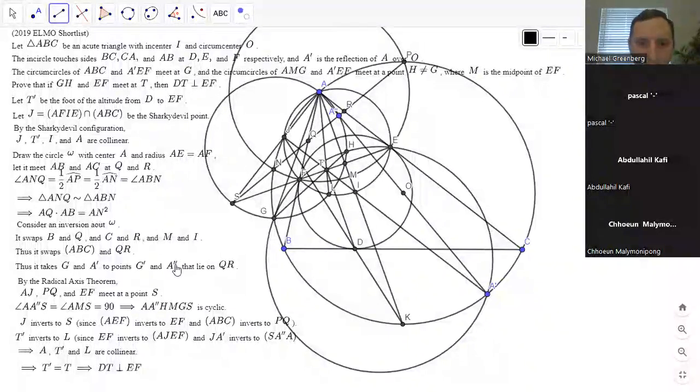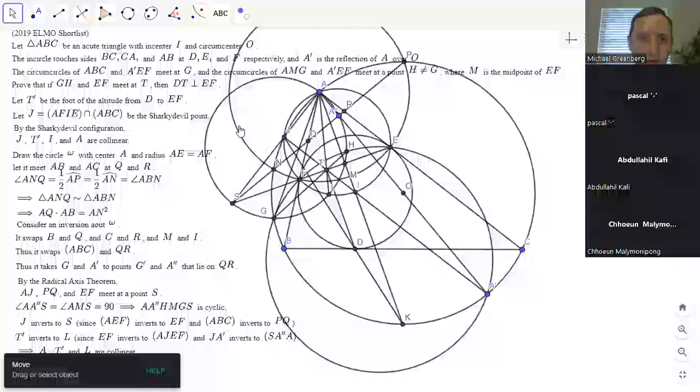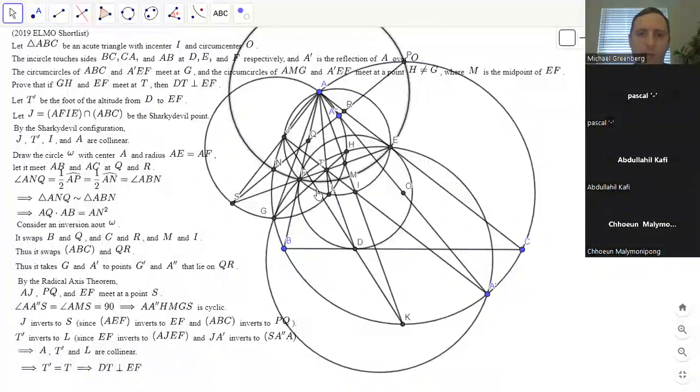And so by the radical axis theorem, AJ, PQ, and, okay, so we have the circle ABC, this circle, and this circle. They meet at EF, AJ. Okay, so they meet at a point S. And then A double prime S is going to be 90. And AMS is 90, so that's cyclic.